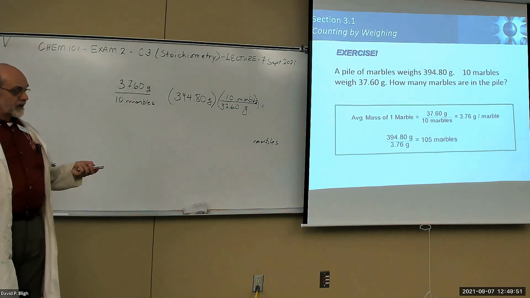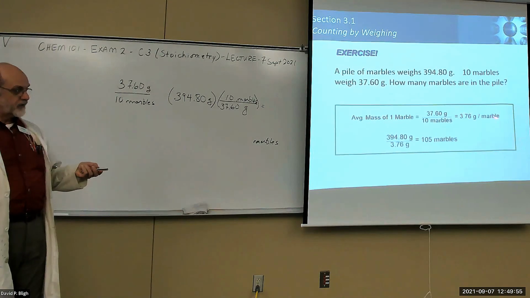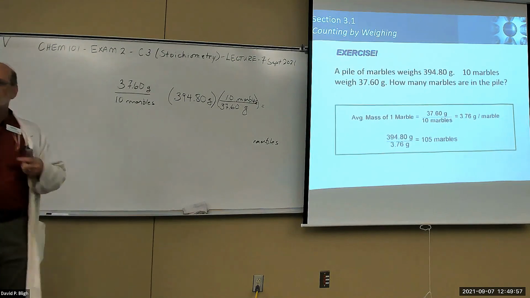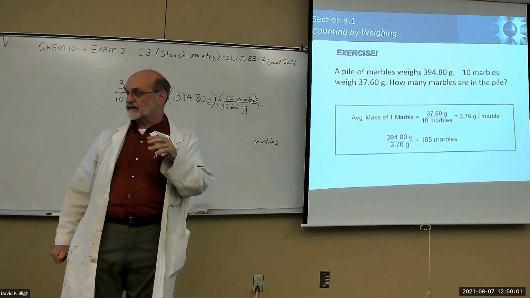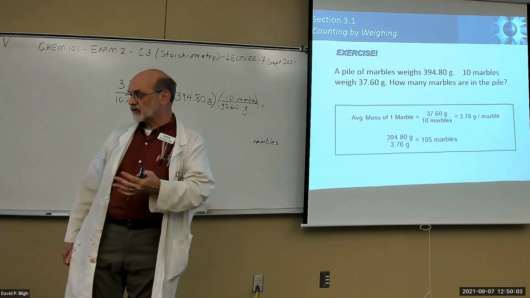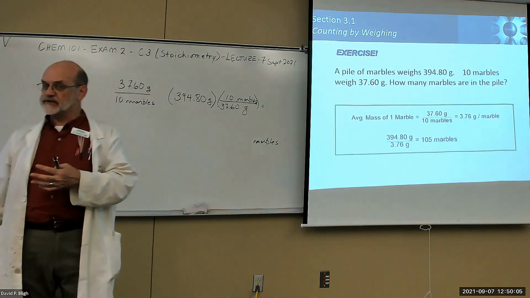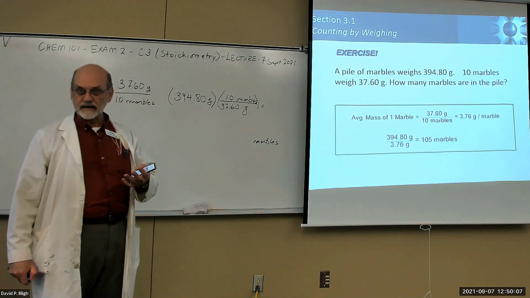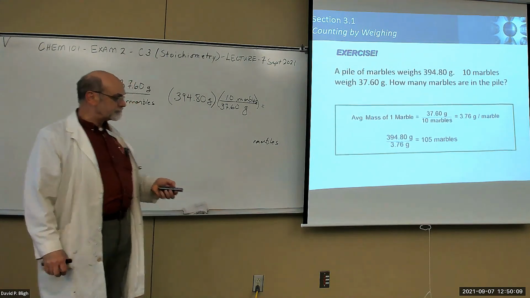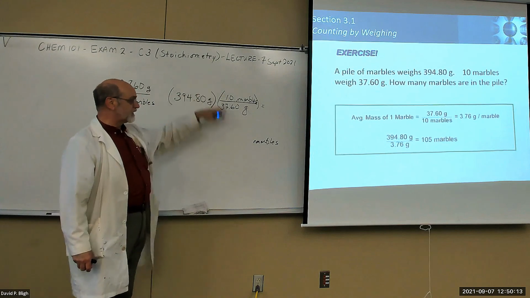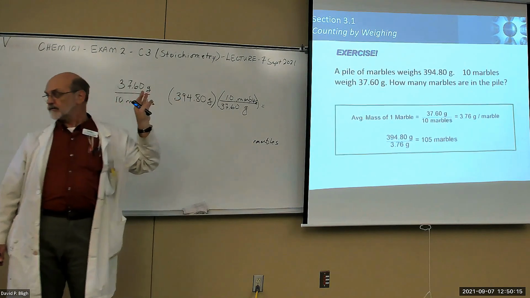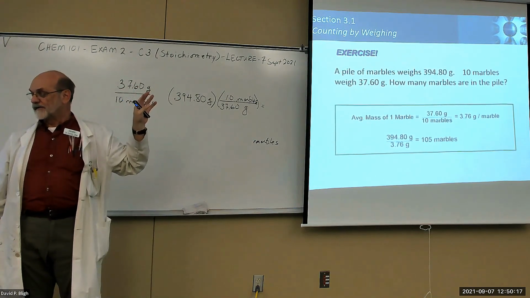All right. So the example here is presented as you find the average mass of the marble. Now, this is good information because we're actually going to do that for individual atoms. How much does an individual atom weigh, or what's its mass? But I just wanted to make the point that when it's presented this way, you don't have to do that intermediate calculation.